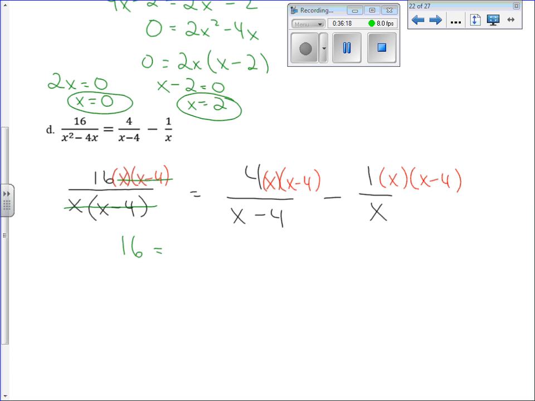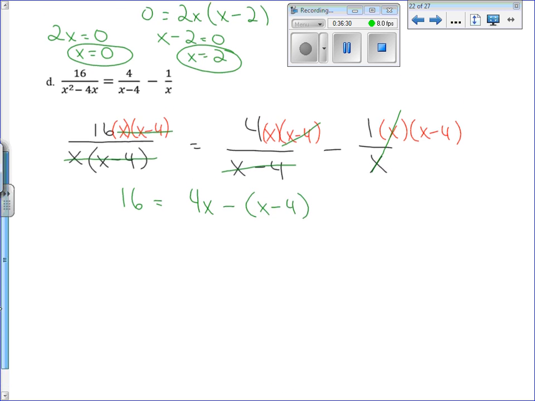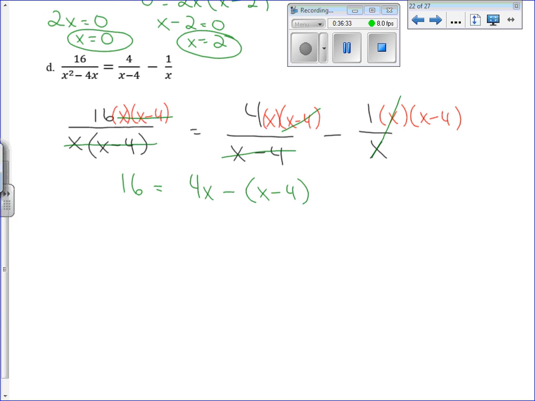For this one, the x minus 4 is canceled, and I'm left with 4x. And for this one, the x is canceled, and I'm left with negative x minus 4. So 16 equals 4x minus x plus 4, or 16 equals 3x plus 4.